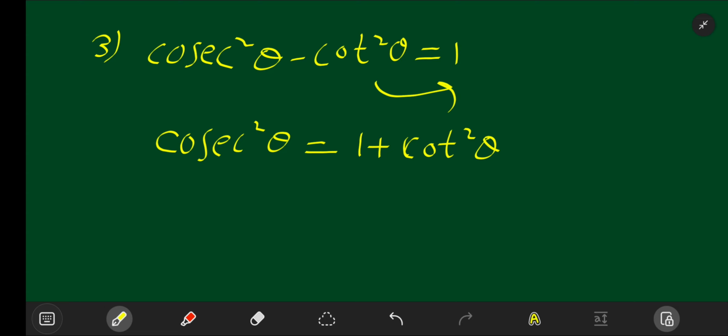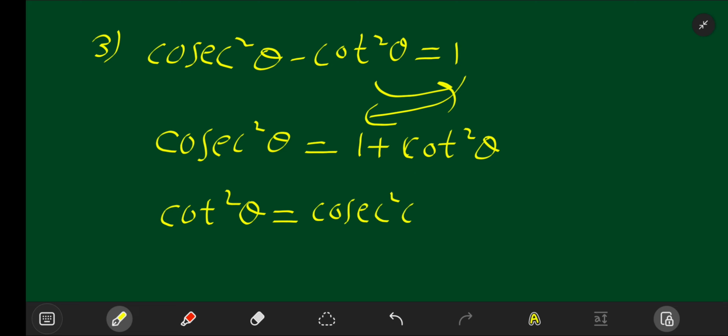Send cot square theta to the right hand side and 1 to the left hand side. Then cot square theta is equal to cosec square theta minus 1. This is the third identity.